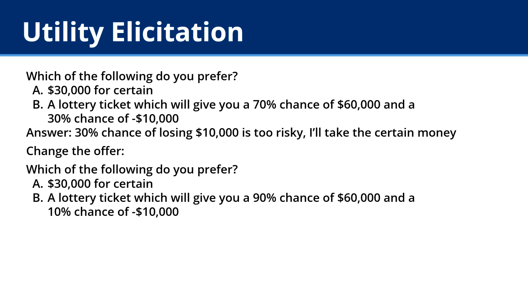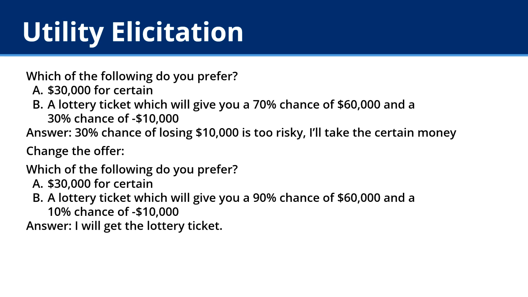Now let's say the decision maker responds, I will take the lottery ticket in this situation. So the probability of winning 60,000 has gone up from 70% to 90%, and the decision maker switched from the guaranteed 30,000 to the lottery ticket.